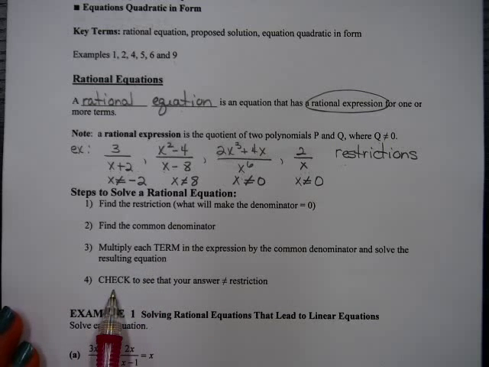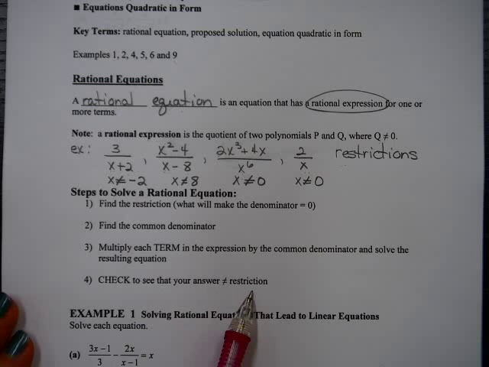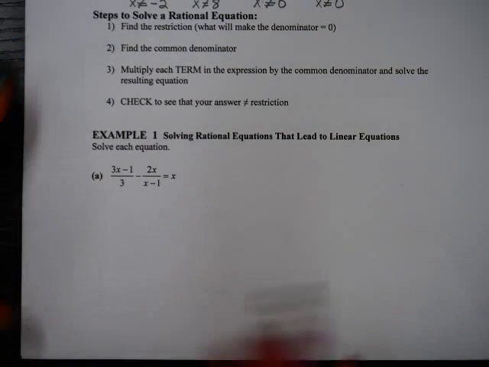And then last but not least, we're going to check to see that our answer is not the same thing as our restriction. Because if it is, that means we have no solution to the problem, or we're going to have to throw that answer away. So let's try to follow those steps as we solve this example.